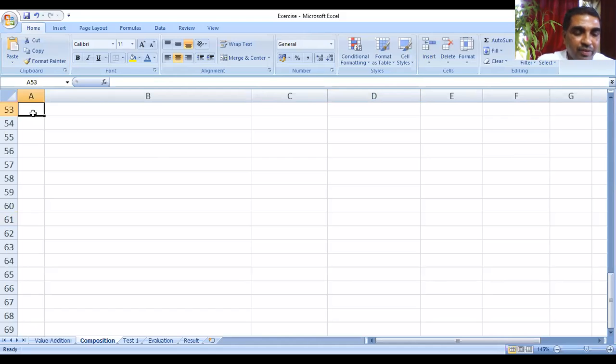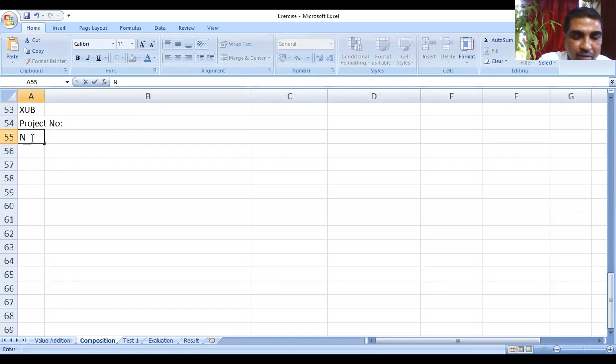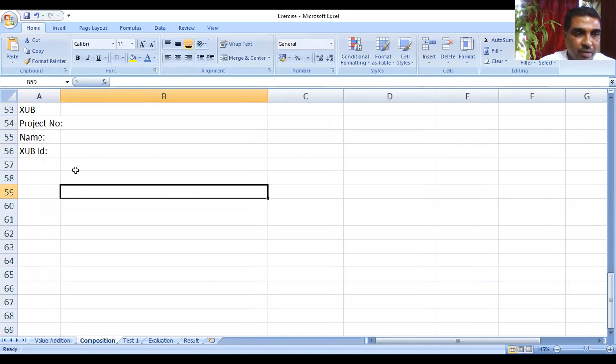You can give your institution name, write project number 1, write your name, and write your XUB ID. Is this font size visible to you? Yes, sir.